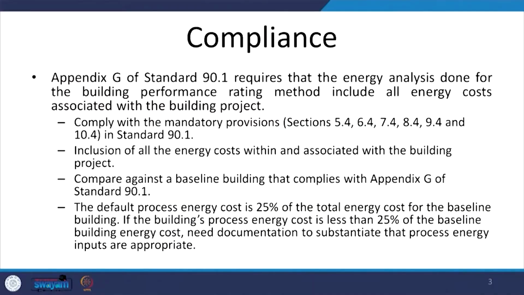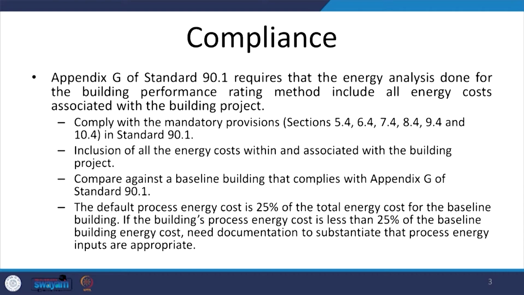So, when we are talking about compliance, we are talking about the energy analysis which needs to be done to prove the performance of the proposed case as compared to the base case using the building performance rating method, and it includes all the energy costs which are associated with the building project.